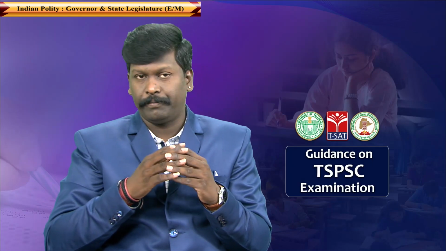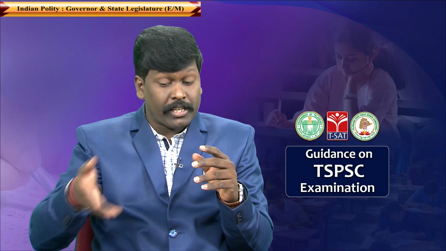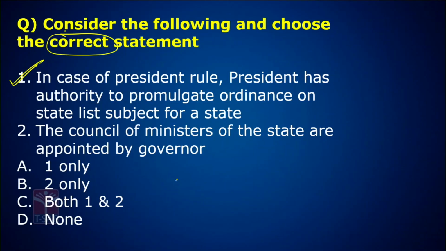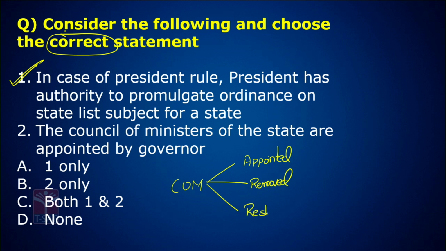Second statement. The Council of Ministers of the state are appointed by the Governor. Look at this. The Council of Ministers of the state are appointed, removed, or reshuffled by the Governor, but not on his will.